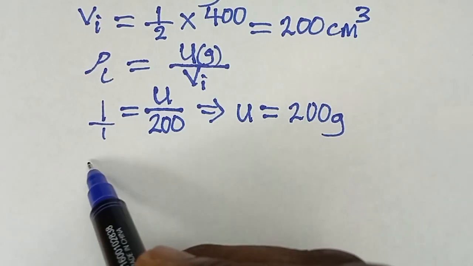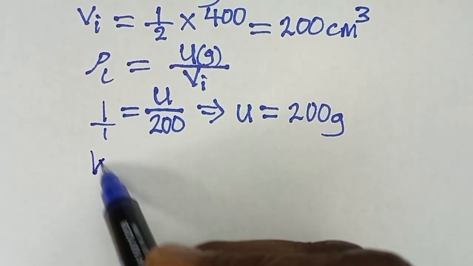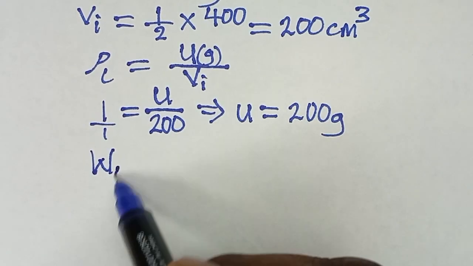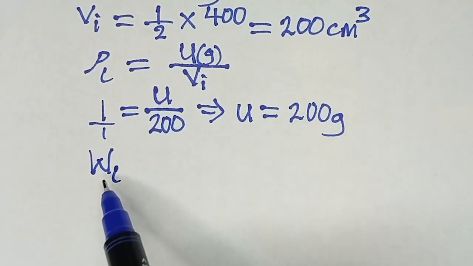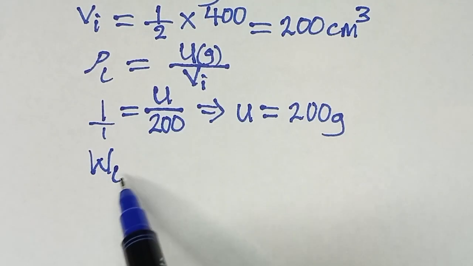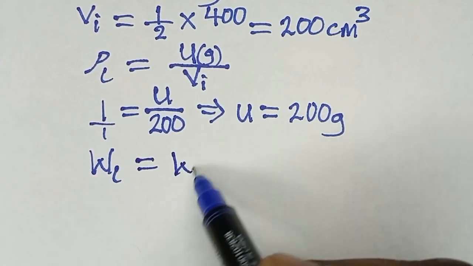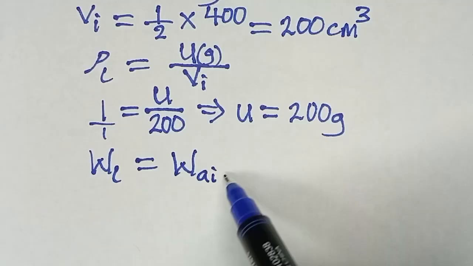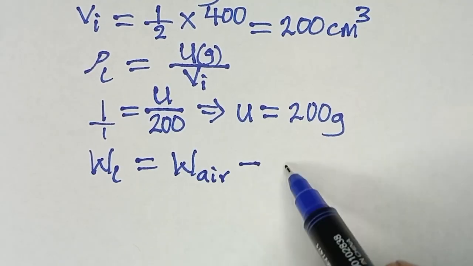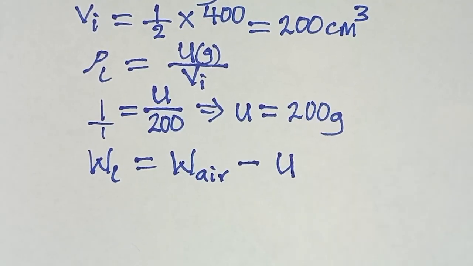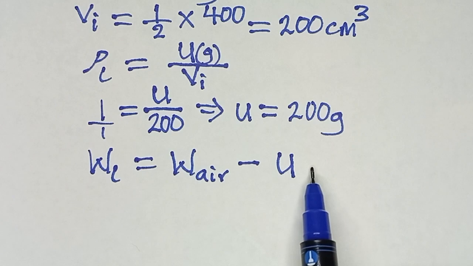The weight of an object in a liquid, when a solid is immersed in liquid, is equal to the weight of the object in air minus the upthrust.